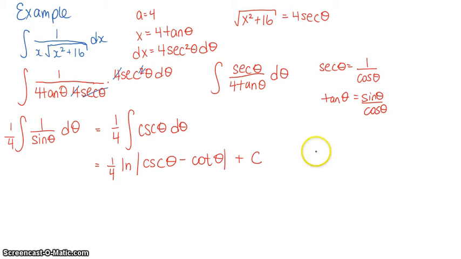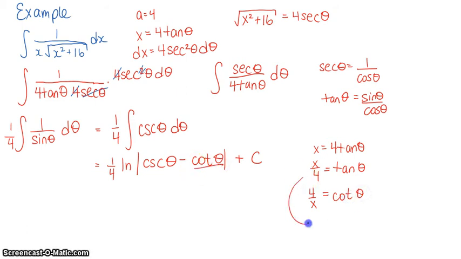So if we look at x is equal to 4 tan, and if we isolate x over 4 equals tan, with that same logic, if we do 1 over tan, 4 over x is going to equal cotangent. So we can replace that portion.